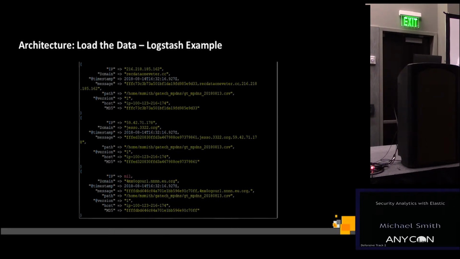Timestamp, that's the time that I loaded it. Message, in this case, is an MD5, a domain, and an IP address, comma separated. Then the path is the local system path to the file that's being processed, the host, and then the ultimate MD5. All of these fields with all of these values, you will see in just a minute, right? So that's what it looks like when you load the data.